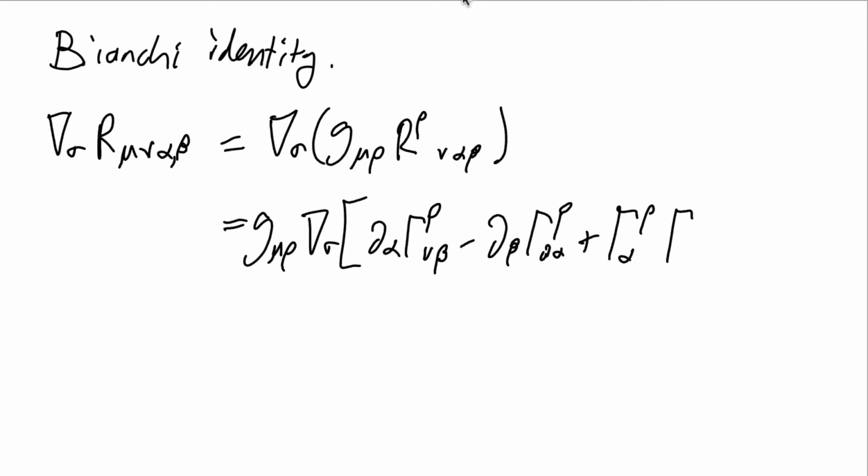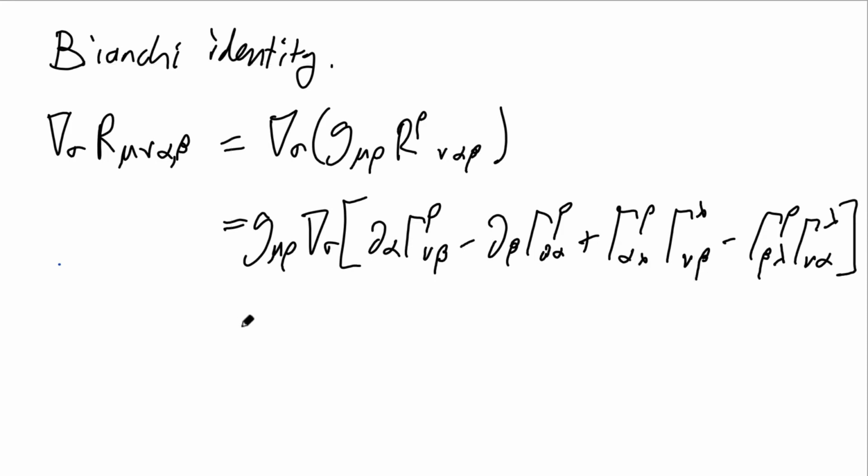So let me change that to, I don't know, say lambda. Then we're left with Γ^ρ_αλ Γ^λ_νβ minus Γ^ρ_βλ Γ^λ_να.